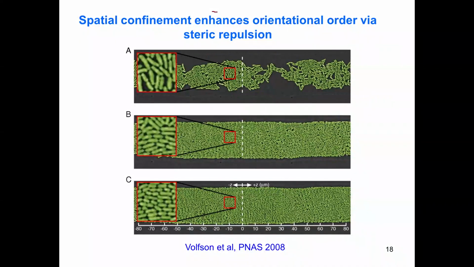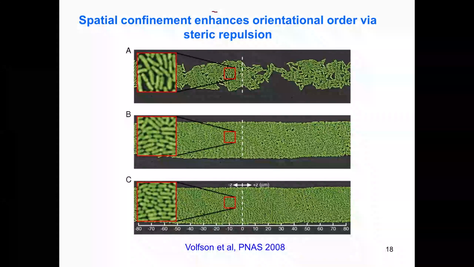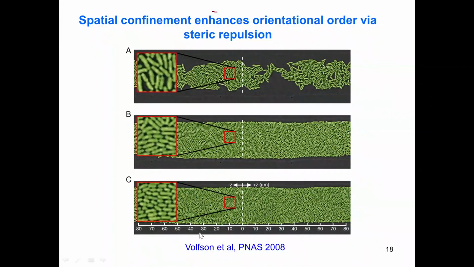For instance, if you put many rods that can grow in a one-dimensional channel, these growing rods tend to align with the boundary, with the walls, and eventually you have a very high nematic order along the channel.